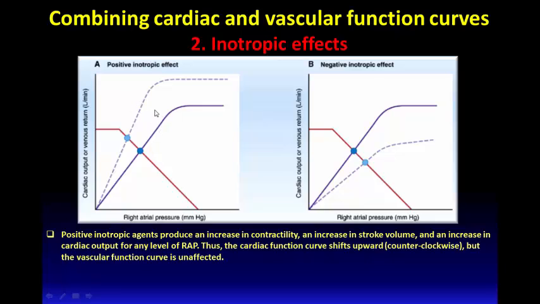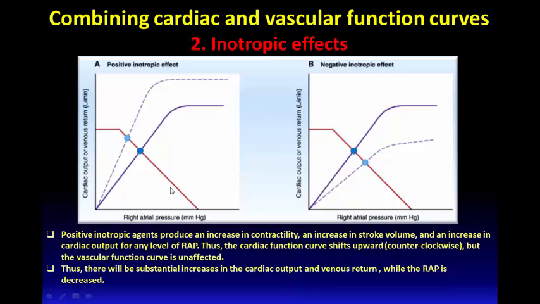The shift is counterclockwise, but the vascular function curve, the venous return curve, is unaffected. Thus, this is now the new equilibrium point. As a result of the positive inotropic effect of the positive inotropic agents, there will be substantial increases in both the cardiac output and the venous return, while the right atrial pressure is decreased.